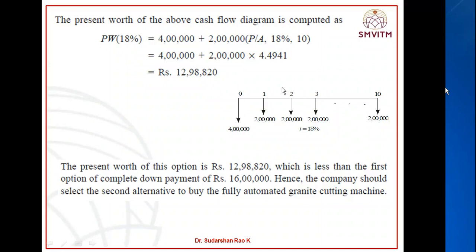Since it is a cost, it should be minimized. The present worth of this option is 12 lakh 98,820, which is less than the first option, the complete down payment of 16 lakh. Therefore, the company can select the second alternative for the fully automated granite cutting machine. This is the alternative.